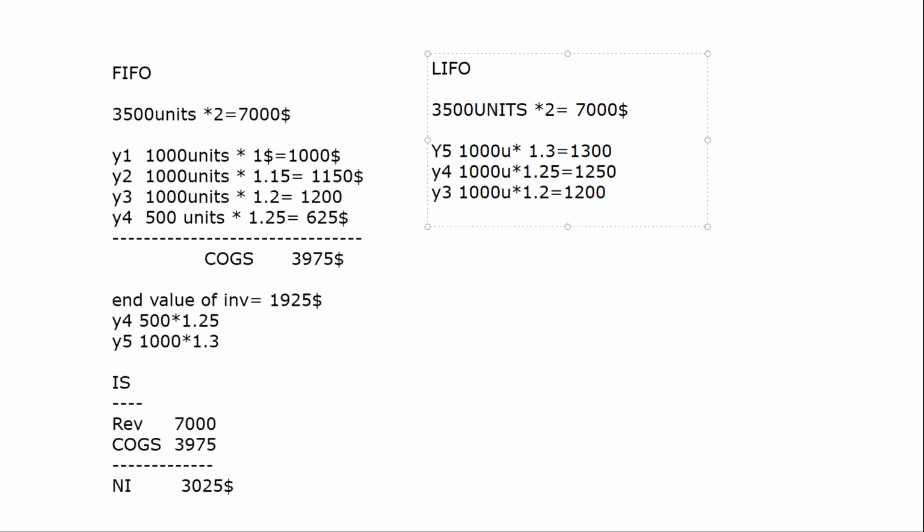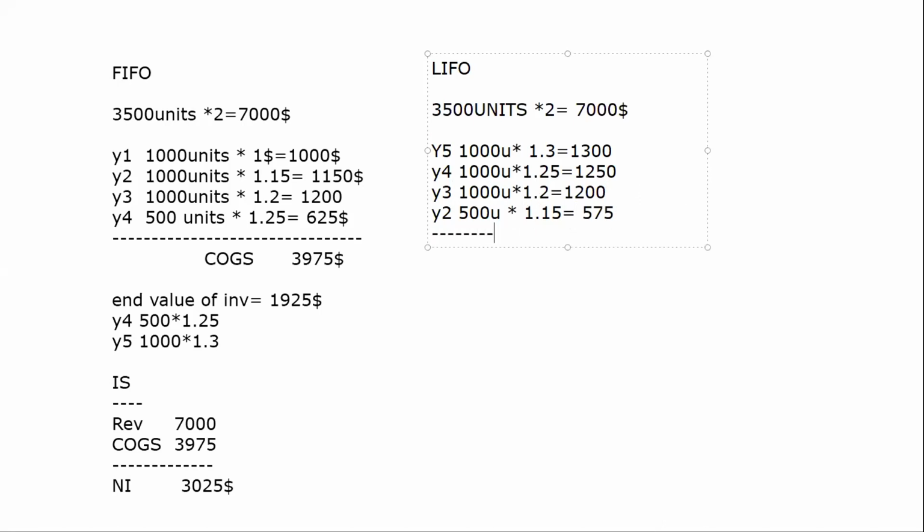And year 2, which is only remaining 500 units times 1.15, and in total it makes 575.